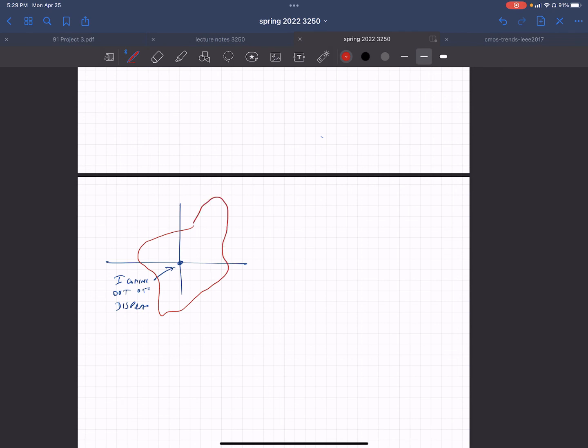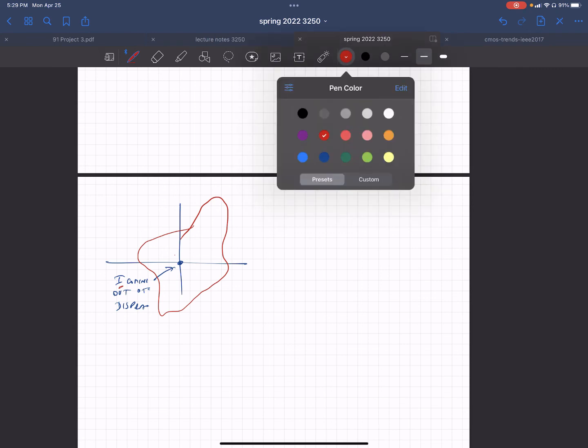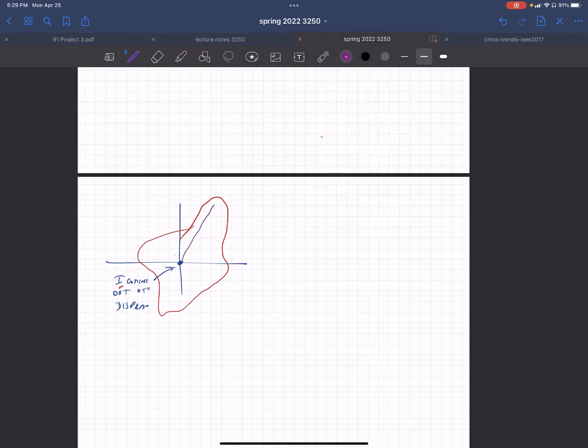So again, imagine the idea is that each dr would have a radial and a tangential part.